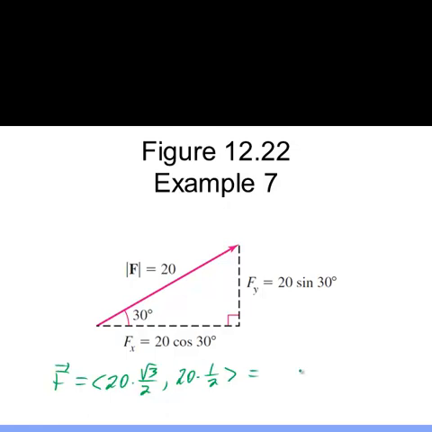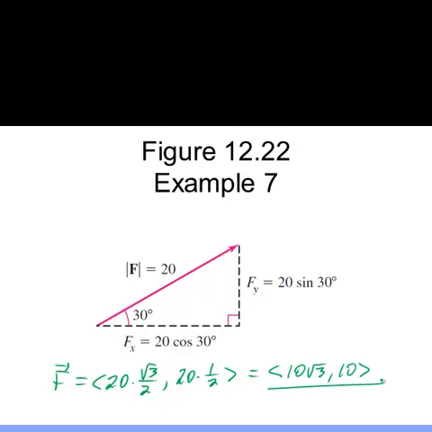So 20 times the square root of 3 over 2 is 10 times the square root of 3, and then we have 20 times 1/2, which is 10 for the y component. So this vector right here, 10 root 3, comma 10, is your force vector.